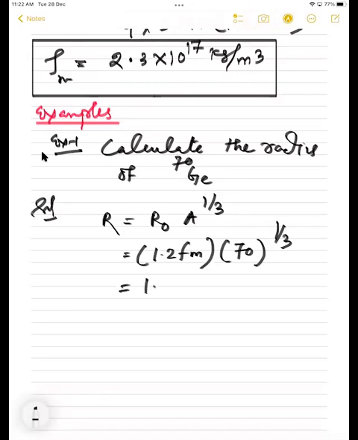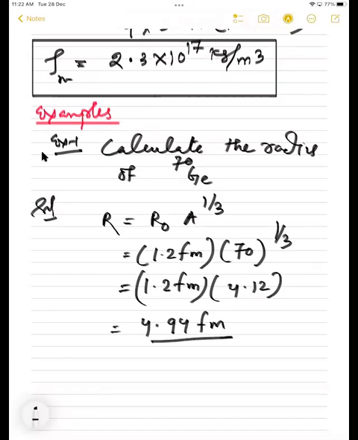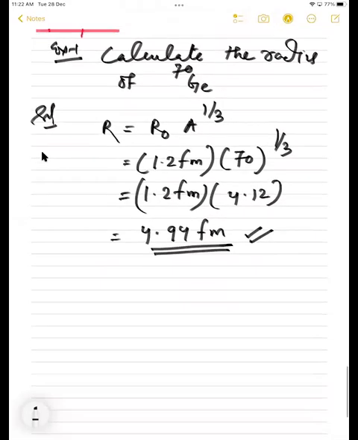So if we calculate 1.2 Fm into 70 to the power 1 by 3, the cube root is approximately 4.12, right? So that is equal to 4.94 femtometer, meaning 10 to the minus 15. Understood all, students? Yes, sir.